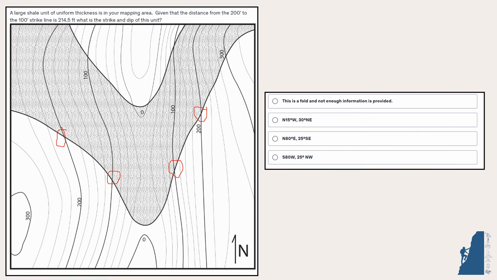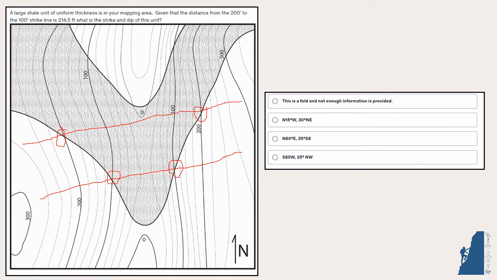And all of these intersection points are on the southern contact. So if I connect the 200 and I connect the 100, we now have two strike lines. I'm drawing on the map for clarity so that you can understand, but you should be able to just look at this and imagine that when you're doing it on exam day.